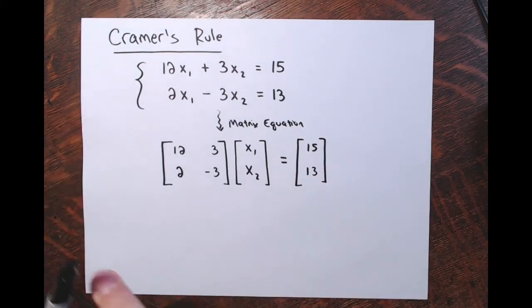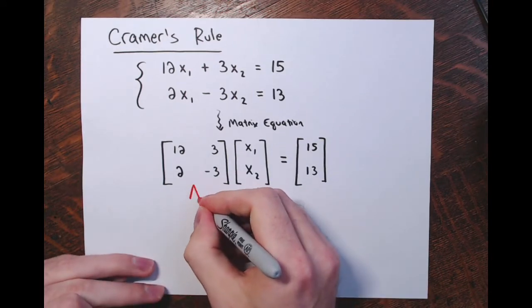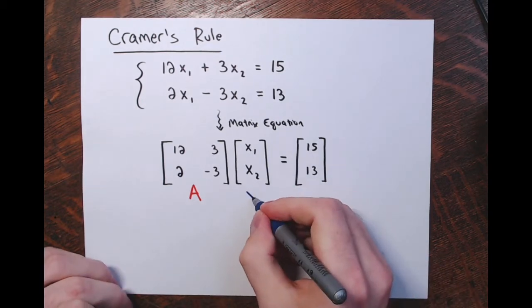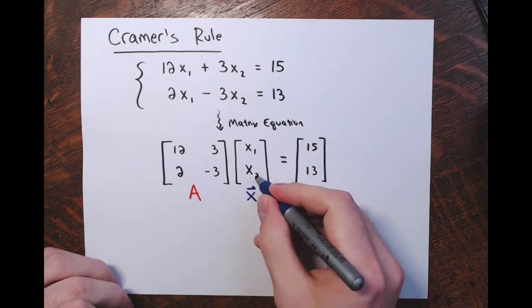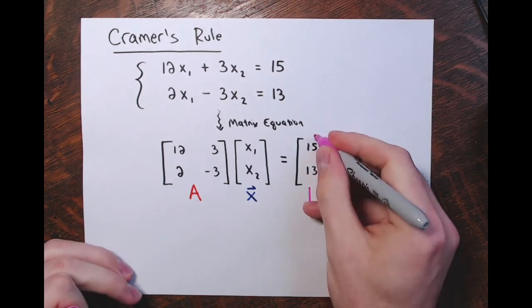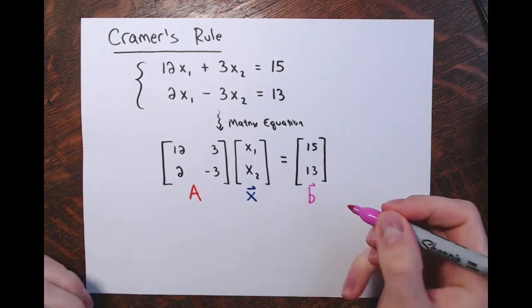So here we have A, our coefficient matrix, times the vector x, our variable matrix, equals our constant matrix, a column vector B.